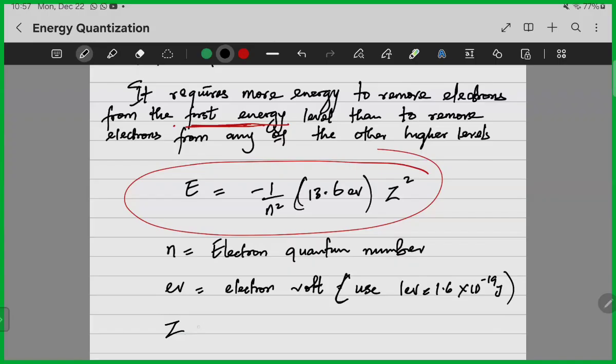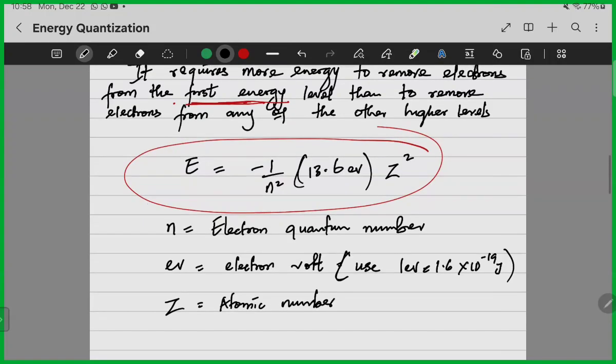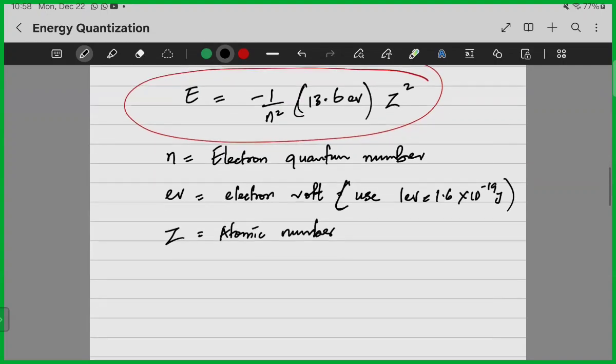Then Z is the atomic number of whatever element or atom you're dealing with. Take note of this and then we'll move forward. Formulas will be instrumental as we go ahead.